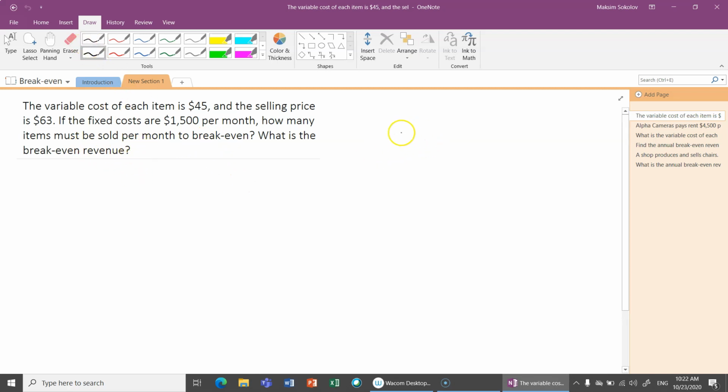Well, in this problem, let's analyze that we have variable cost of each item. So when we sell every item, there is a cost of $45, right? So let's write it down. Variable cost is $45. And the selling price in this example is $63. So that's how much the store sells each item for.